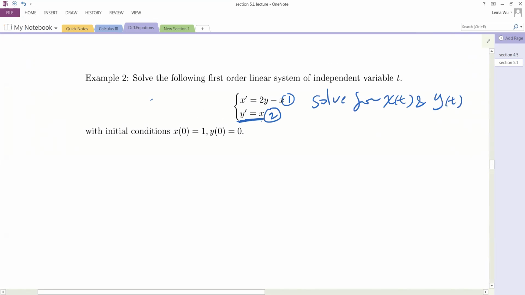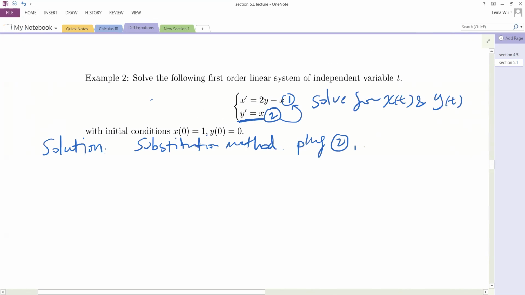Okay, so let's just plug equation 2 into equation 1, the substitution method.